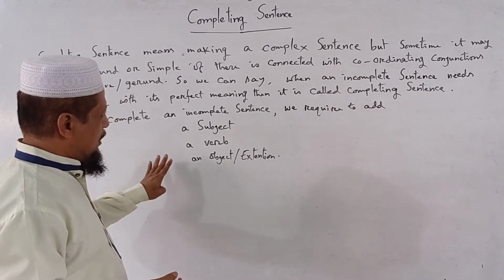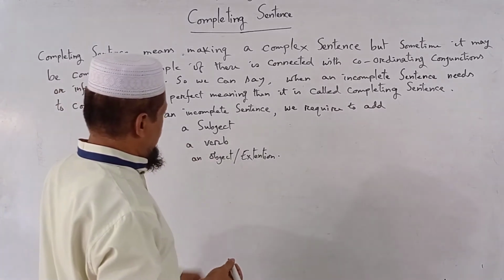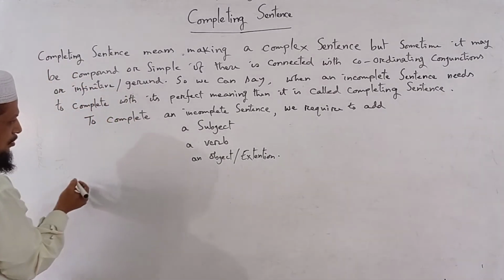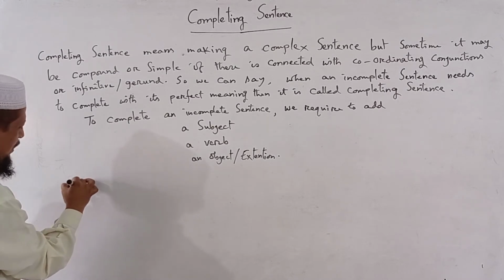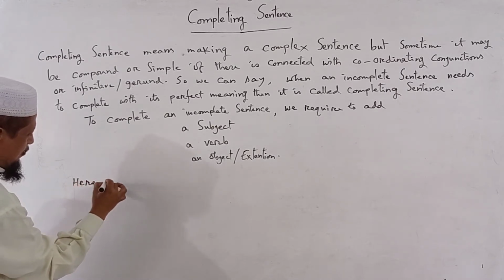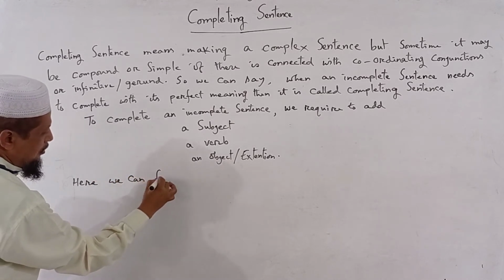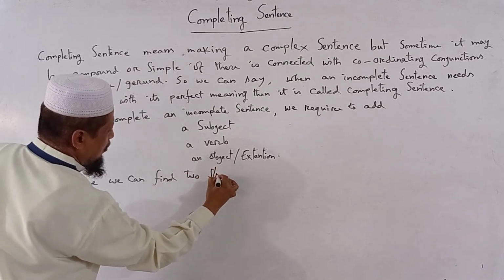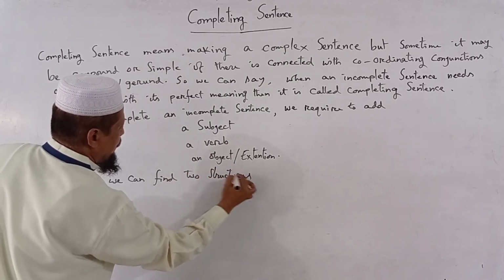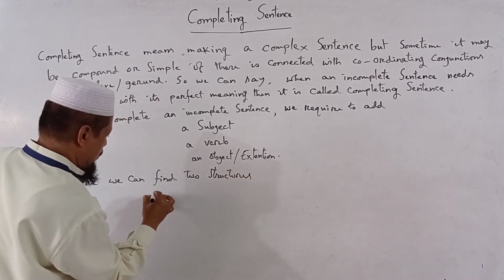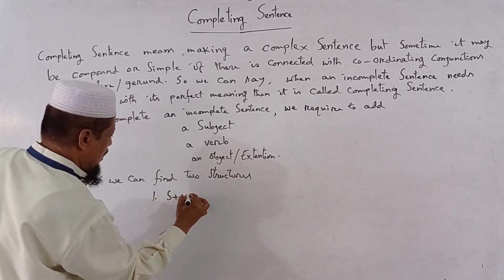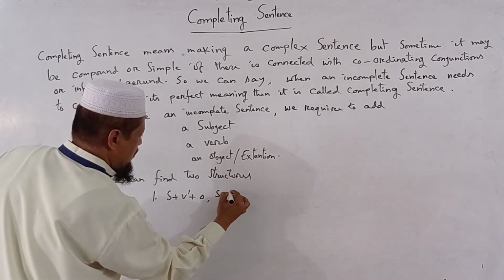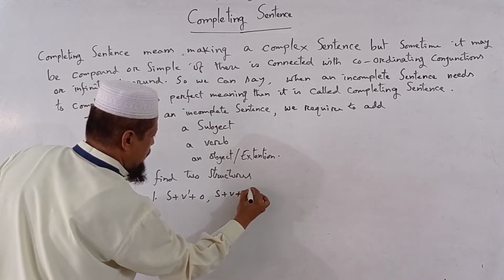To analyze this type of formula, we can find two structures. Structure number 1: subject plus verb plus object or extension.